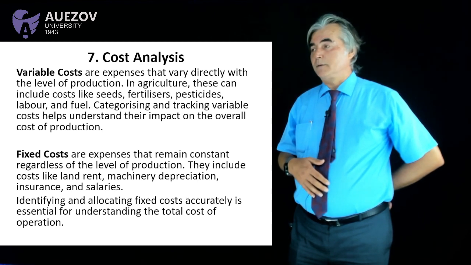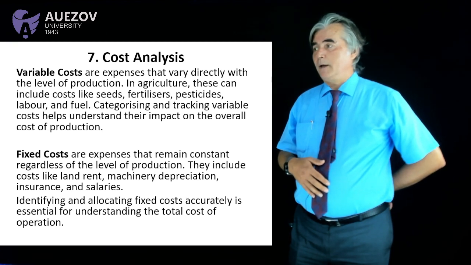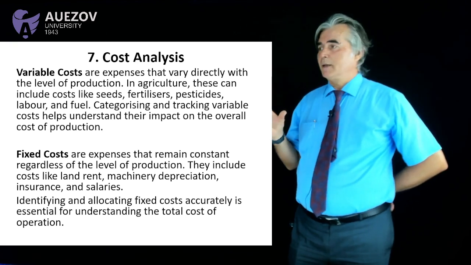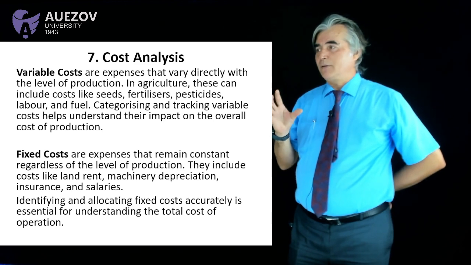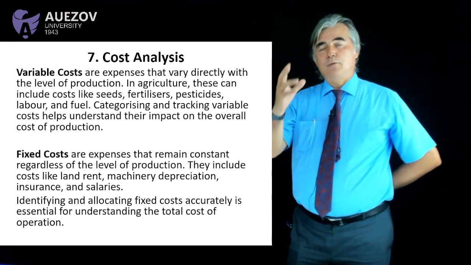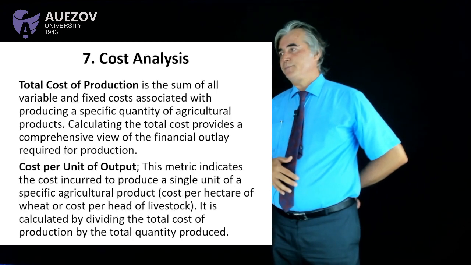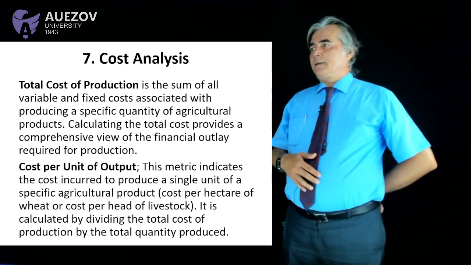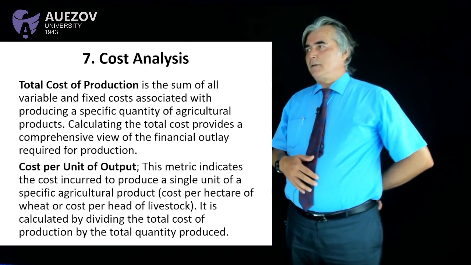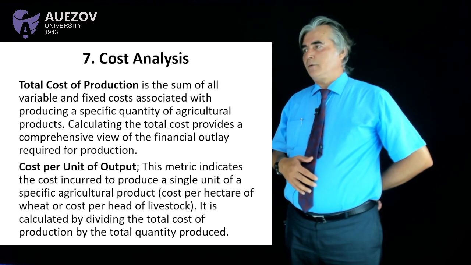Fixed labor salaries is a fixed cost item, and identifying and allocating fixed cost accurately is essential for understanding the total cost of operation. And we add fixed costs and variable costs. We find total cost.